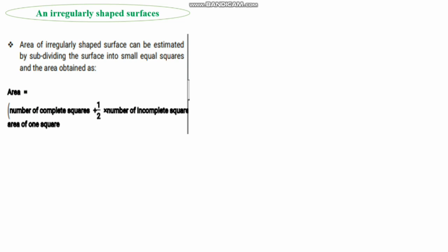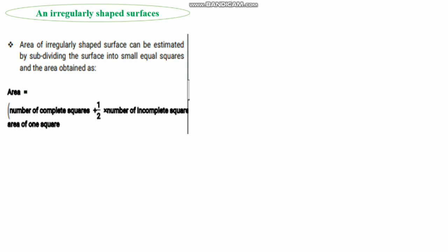The area of an irregular shaped surface can be estimated by subdividing the surface into small equal squares. If you have a surface that is irregular, you place it on a piece of graph paper. The graph paper gives you equal squares, and if you measure one square with your ruler, you can see it is 1 centimeter. So the area of that box is 1 square centimeter.